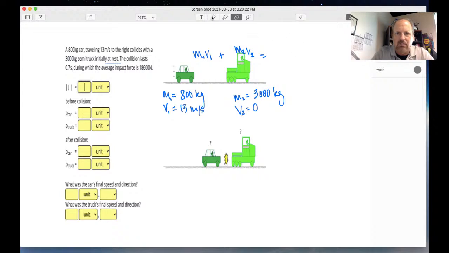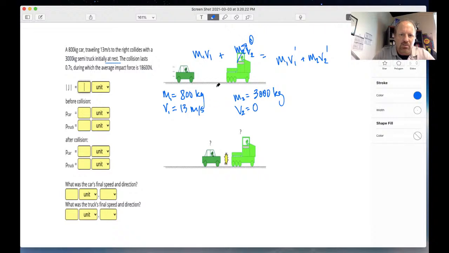So instead, we got M1 V1 plus M2 V2 is equal to M1 V1 prime plus M2 V2 prime. So the question is, what is the change in momentum of the car? What is the change in momentum of the truck? And whatever the car loses, the truck gains, and vice versa.